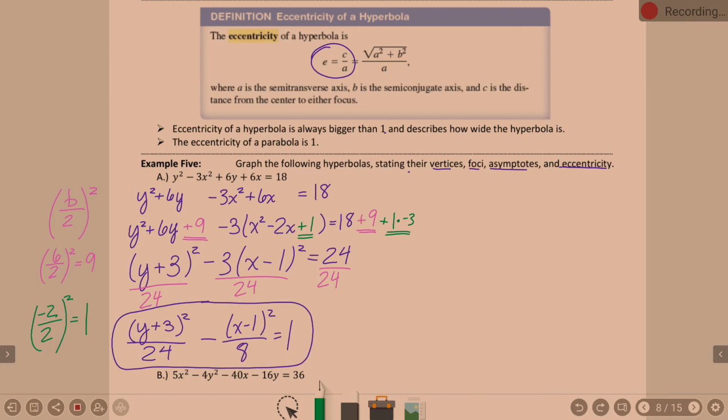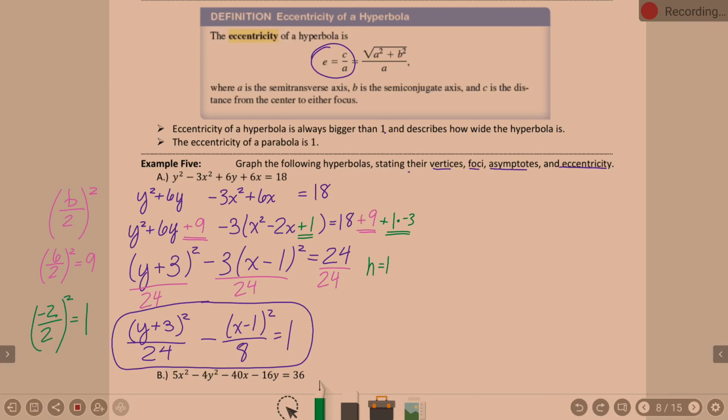Now, before I head up to vertices, foci, asymptotes, and eccentricity, in order to do all of that, we need to know H, K, A, B, C. Let's start with H and K. What's H? H is 1. H always goes with what variable?